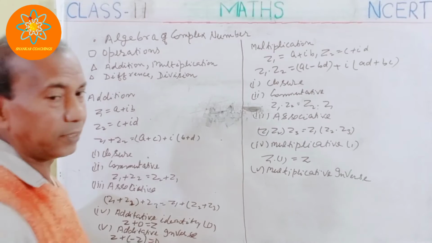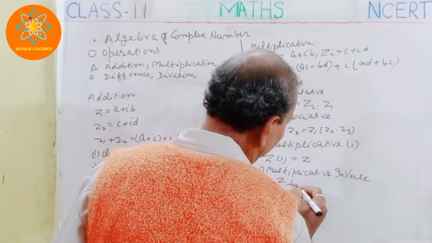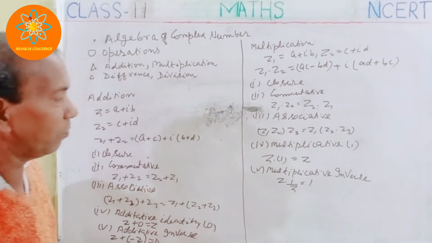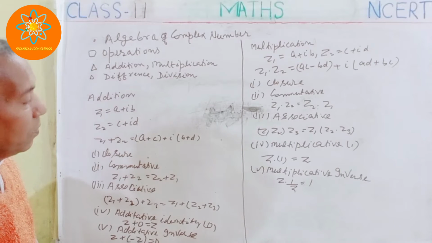Let's suppose z is one complex number. If I multiply it by 1 by z, we will get 1. So 1 by z is the multiplicative inverse.